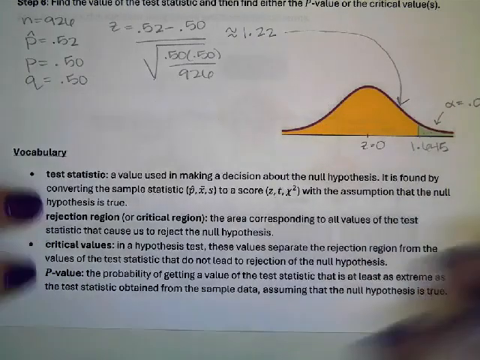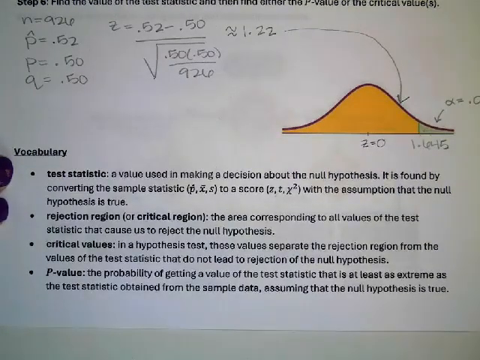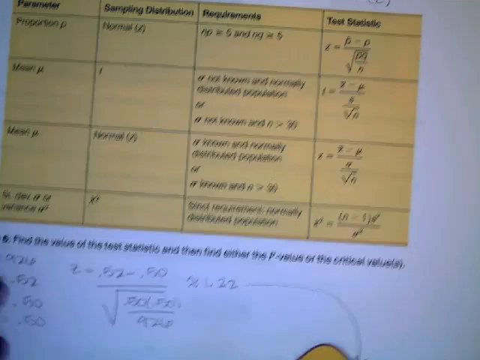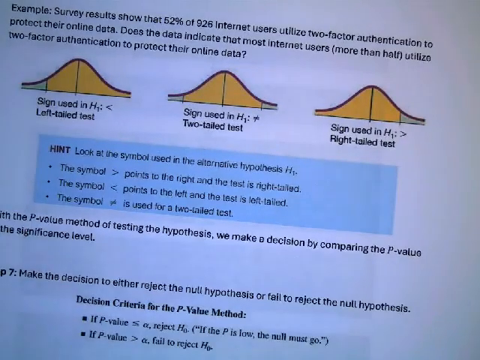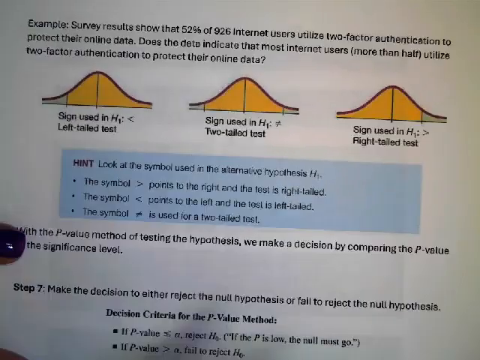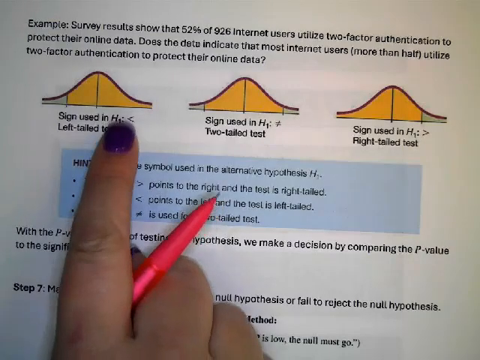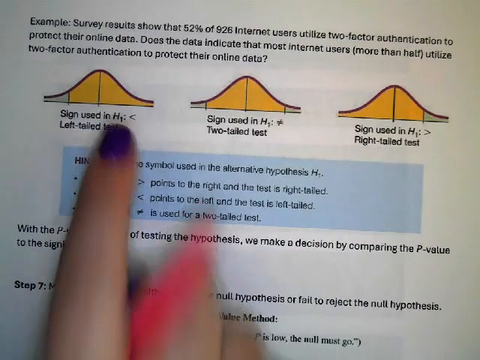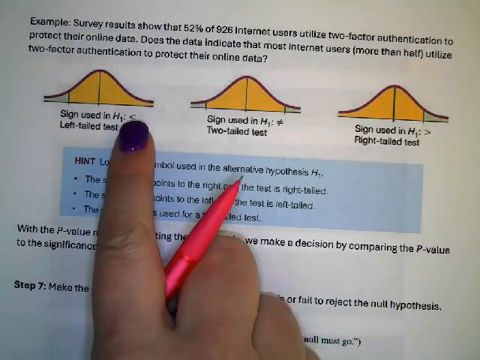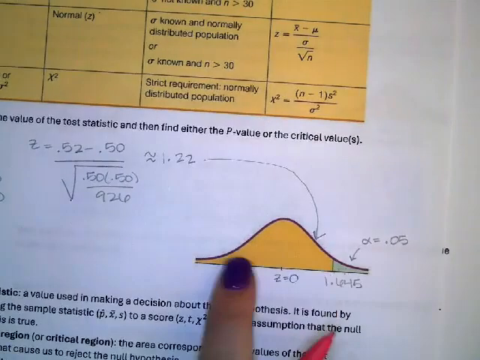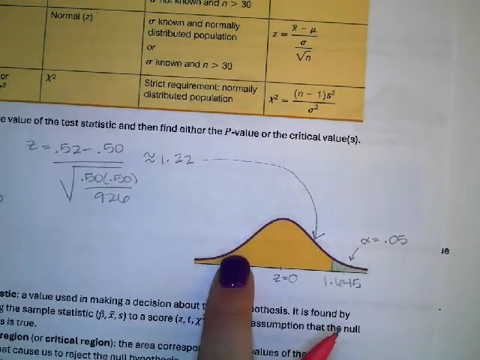One thing I want to mention is that when you are dealing with your alternative hypothesis, they put H sub 1 here, I put H sub A, your alternative hypothesis can help you determine how to draw this distribution and how to interpret it, how to decide if it's a right tail or a left tail, or if it's going to have two tails.